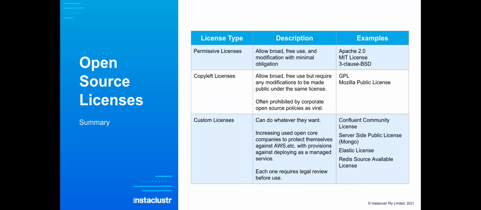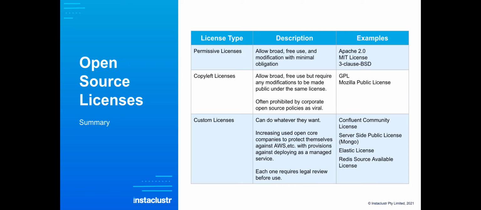And we're starting to see more and more of what we call the open core companies, the companies that are commercializing open source software by putting their own proprietary code around it, using these kinds of custom licenses even to cover their core software. This is generally aimed at big cloud providers, AWS being the biggest, and trying to restrict their ability to use the open source software that the open core companies are spending a lot of money supporting and developing.